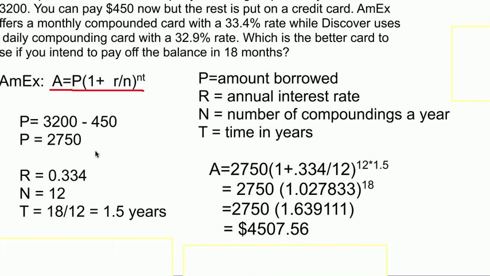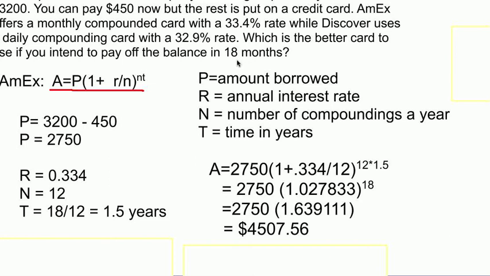So borrowing $2,750 ends up costing me $4,500, which is a lot more money, right? So credit cards aren't really a good option for these kind of expenditures. Of course, sometimes emergencies happen, but this is a long period of time to pay it back, 18 months.